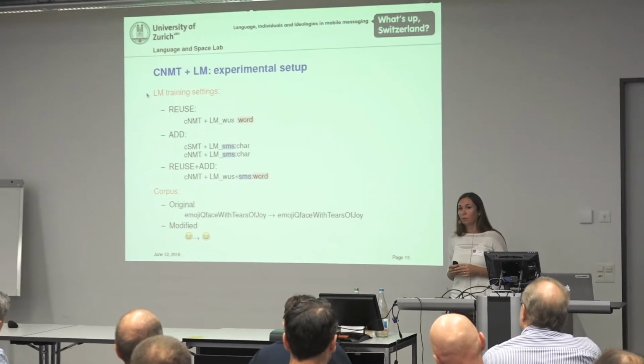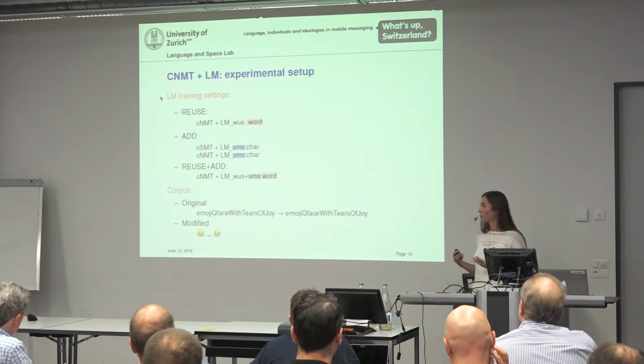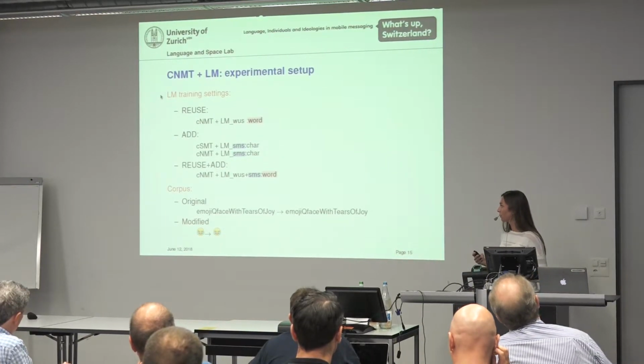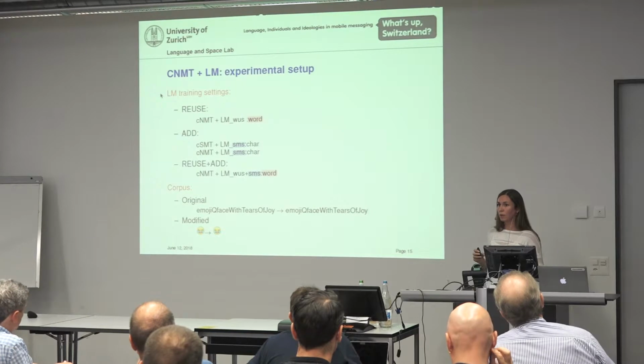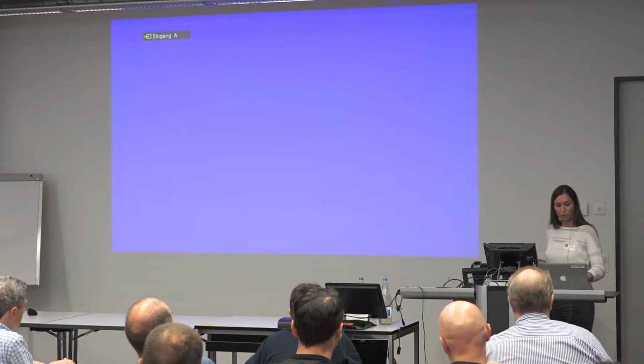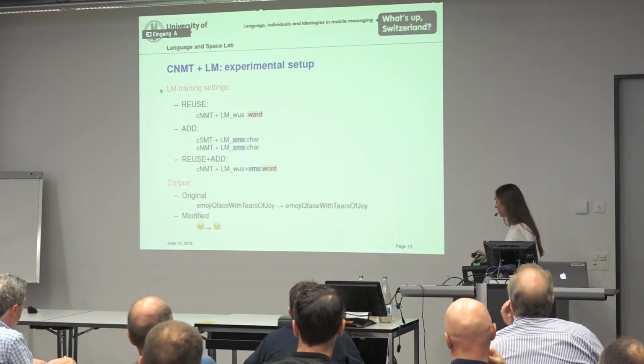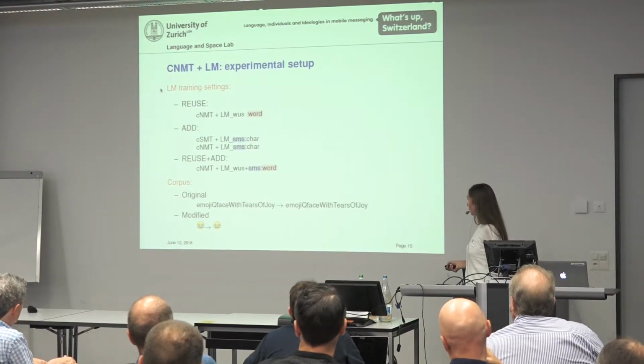Now, regarding the corpus, we looked at two versions of it. The original refers to the version that we got in the beginning, where the emojis are replaced by strings of characters, and the system has to learn to copy those strings of characters.